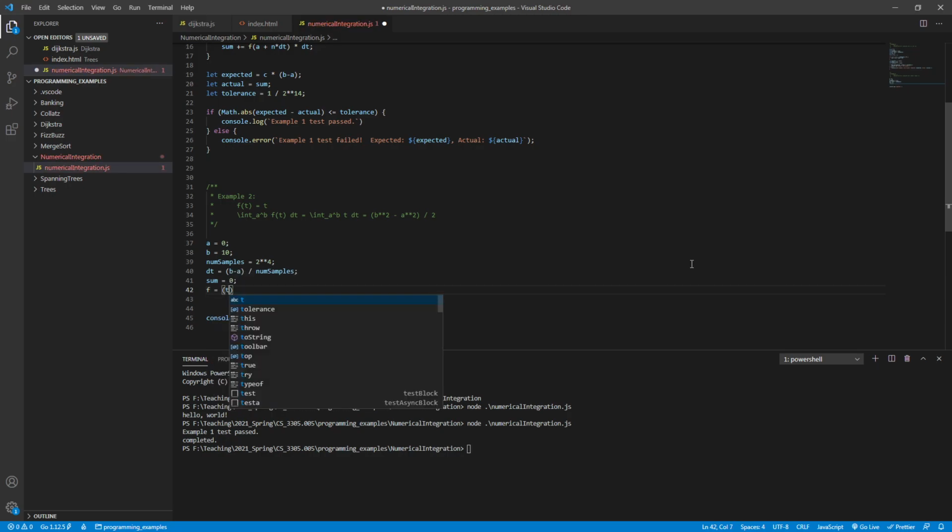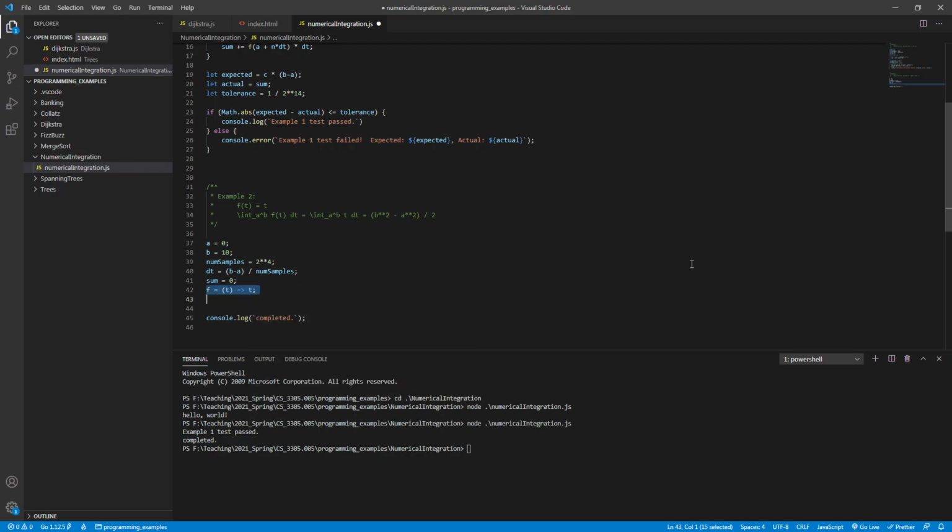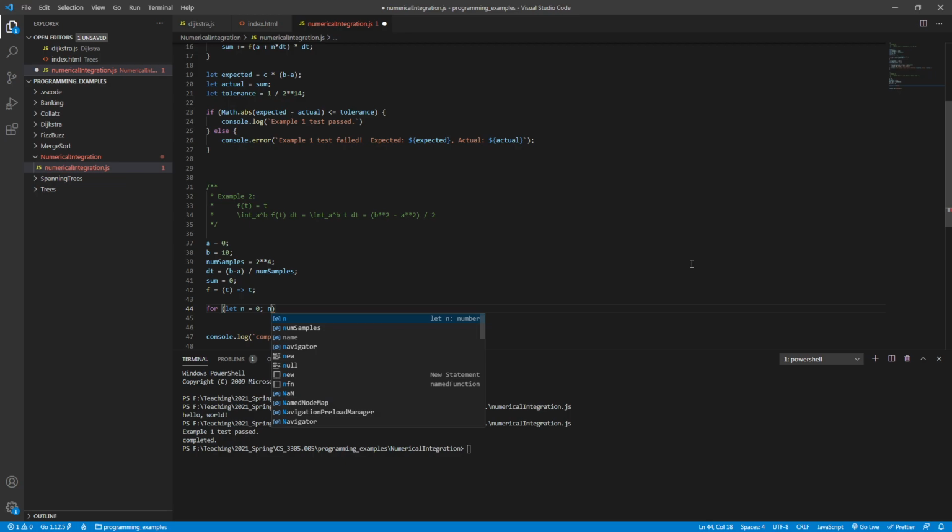And our function definition, that's not the constant function, but the identity function. Okay, and then again we loop through.